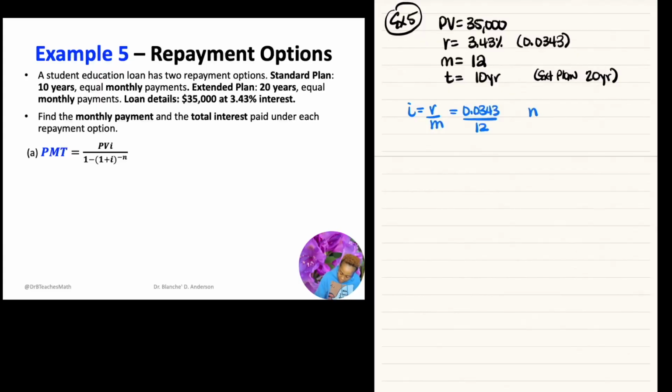But you're going to have two different N's. Your N is M times T. For the standard plan, it's 12 times 10, which is 120. And for the extended plan, it's 12 times 20, which should be 240.